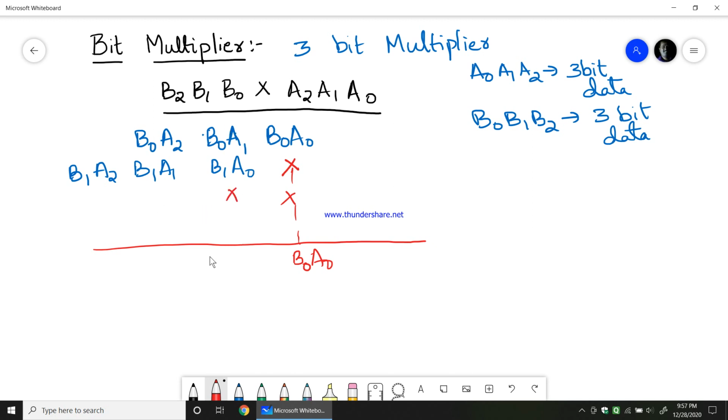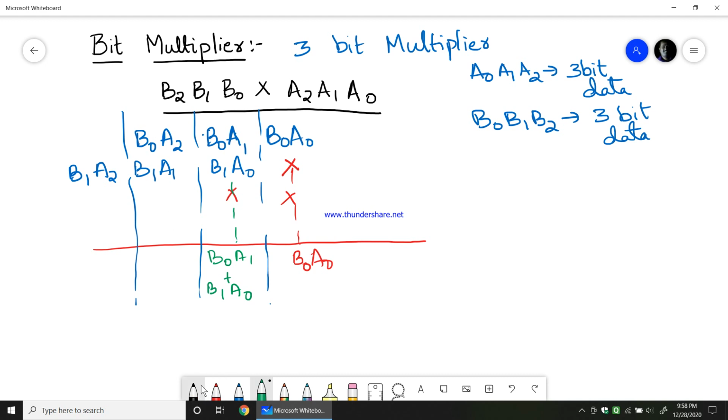The result I get here is B0A1 added with B1A0. The carry of these two additions will be given to this addition.